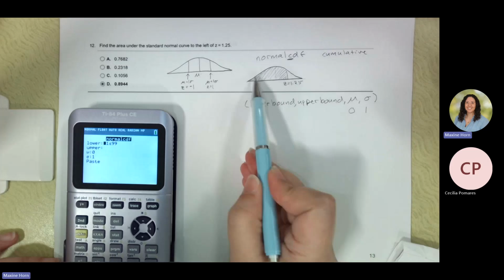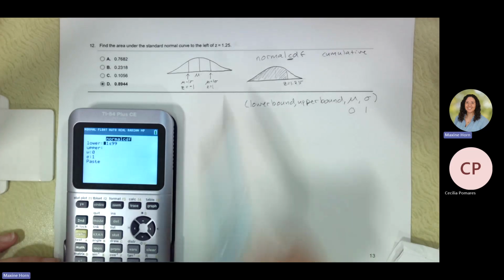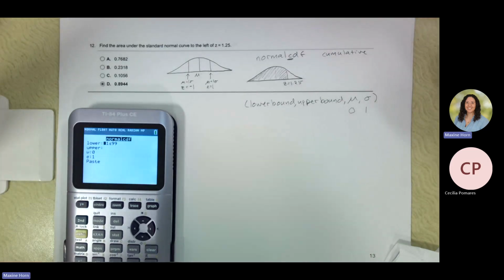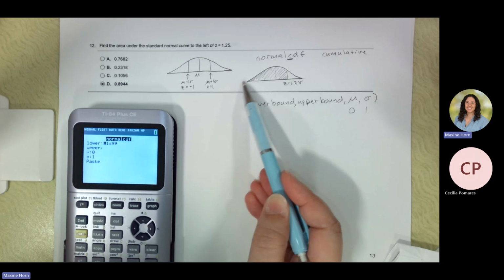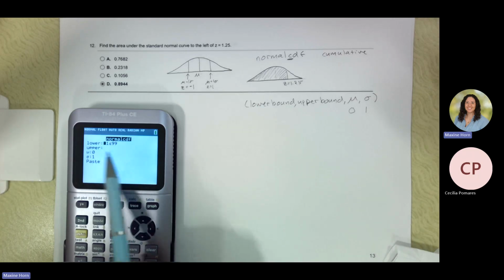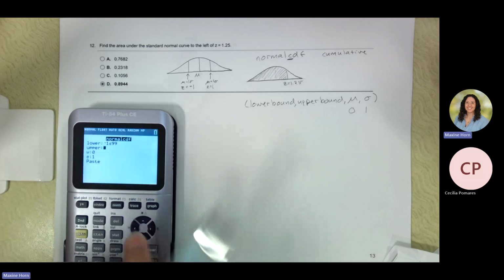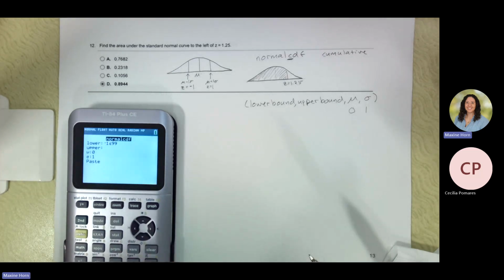So the value I'd like to use over here is negative infinity. Unfortunately, I can't plug that into a calculator. What the calculator does is default to a really, really low number way down here, -1E99. We can plug something like that in ourselves if it doesn't provide it for us.